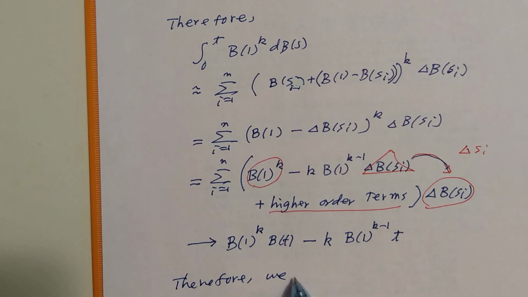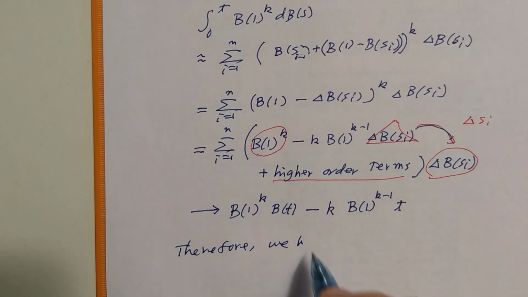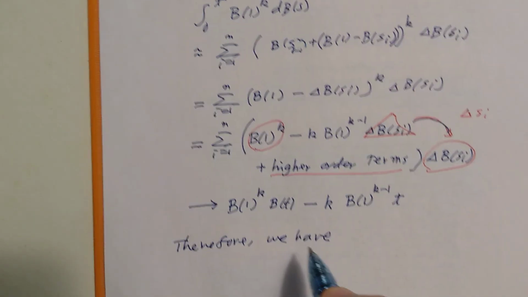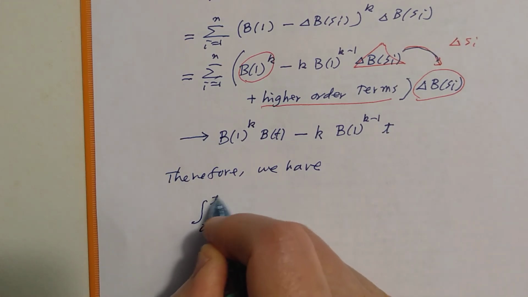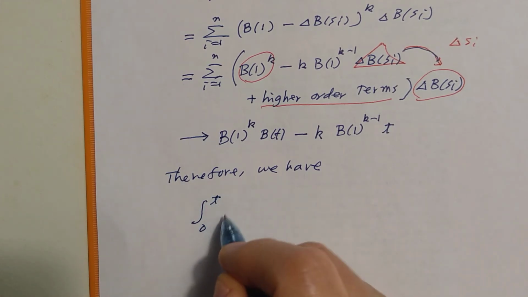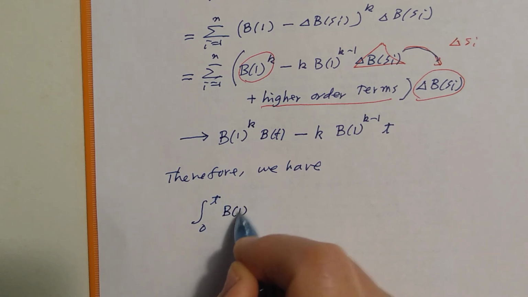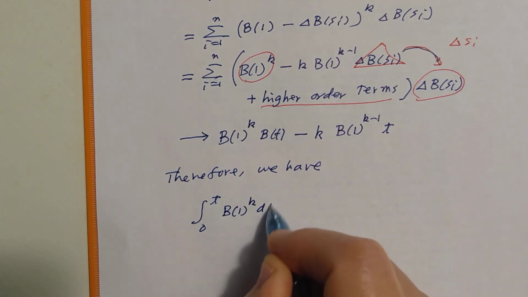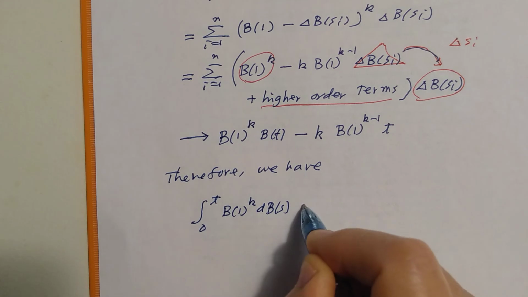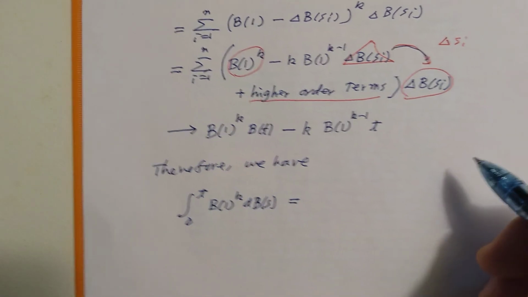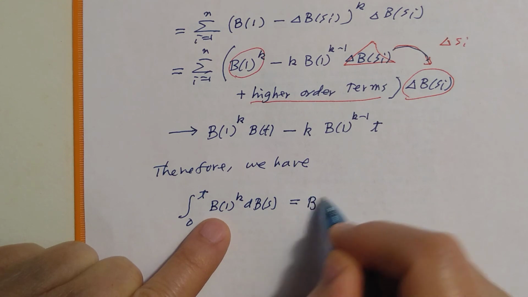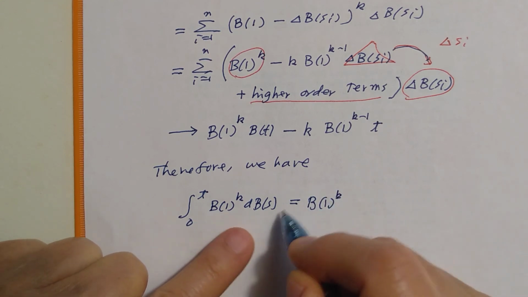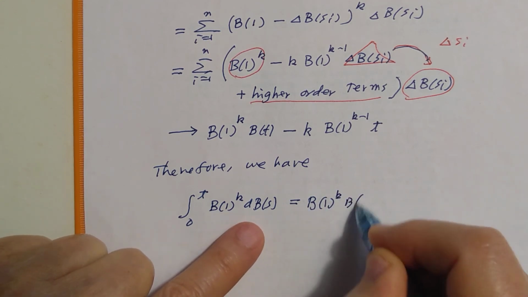we have the integral from 0 to t of B_1 to the power k dB_s equals, and you see it looks like we bring B_1 to the power k out and multiply by B_t.